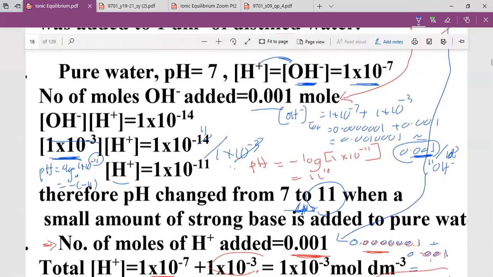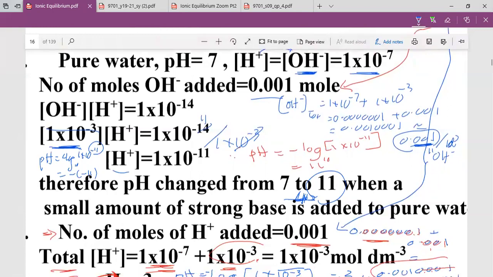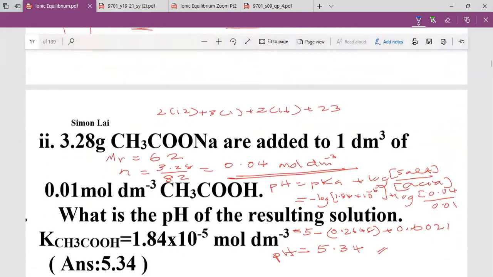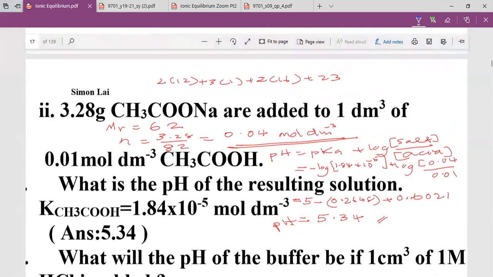Only one cm cube of acid or base was added. Now let's see, how about adding the same thing into a buffer? This is the test, so I do it all for you, easy for you to see.